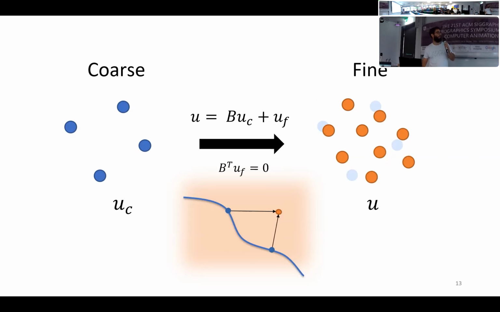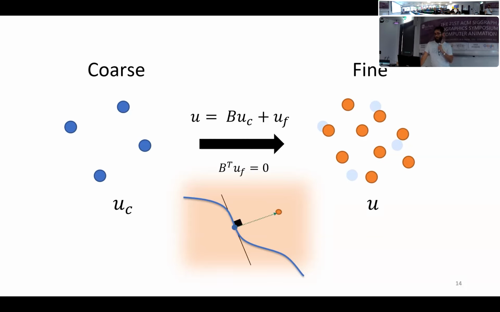Several displacements can be achieved with different combinations of coarse displacement and fine offsets. So we need to constrain this. To constrain this, we just want the fine offset to be complementary to the coarse displacement. Basically, we don't want to undo the motion that has been done by the coarse points.